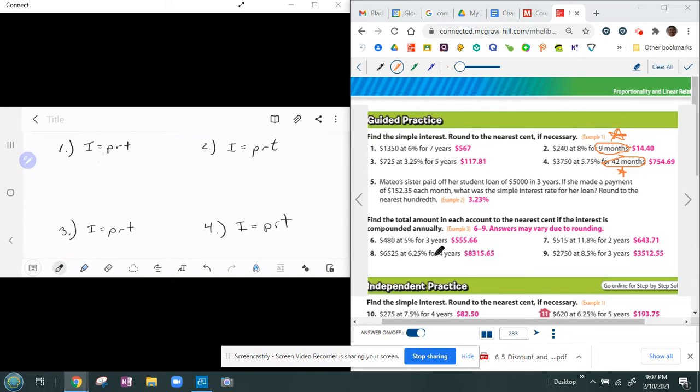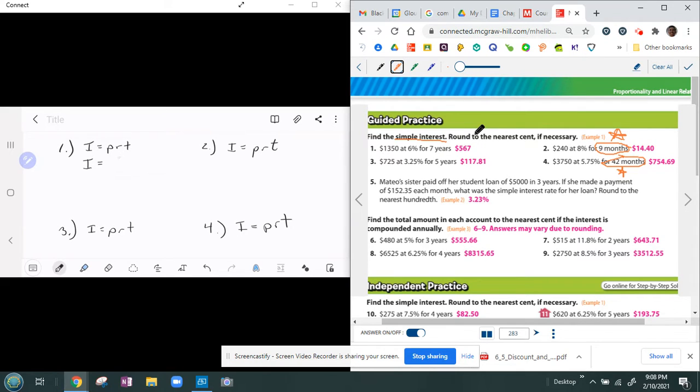All right, if you needed help with number 1, then you would have noticed that it says find the simple interest. It doesn't say find the final cost or find the final amount. It says just the simple interest. So we are going to remember that the I stands for interest. So we're finding that.